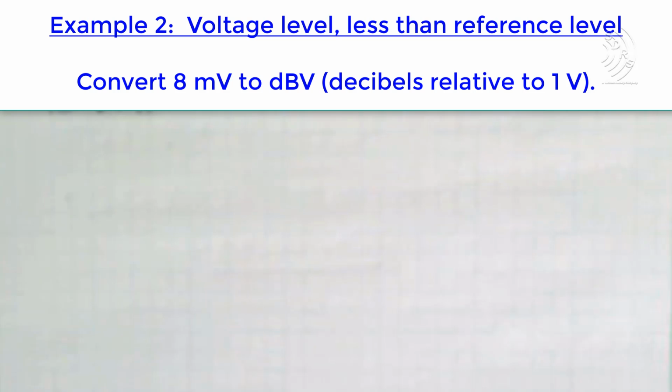One, we're working with voltages rather than power levels, and that changes the way that we convert ratios to decibels. The second difference is that the absolute quantity we're representing in decibel units is less than the reference quantity, and so we'll see a difference in the result because of that.